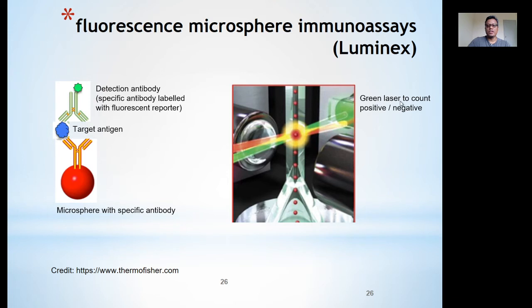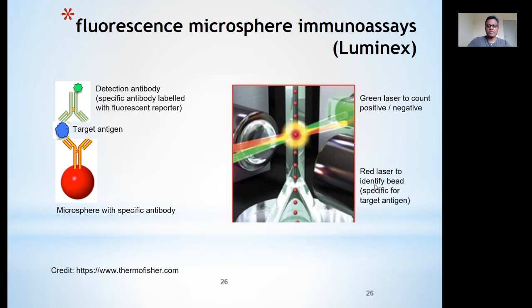So a green laser will be used to determine whether it is positive or negative, because without this specific antibody with the label, there will be no fluorescent signal detected by the green laser, so it means negative.